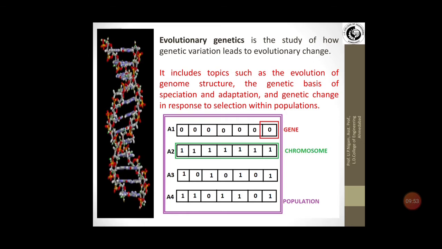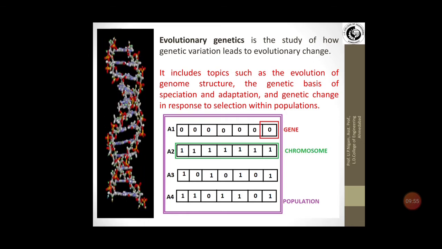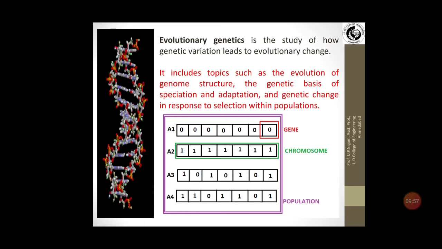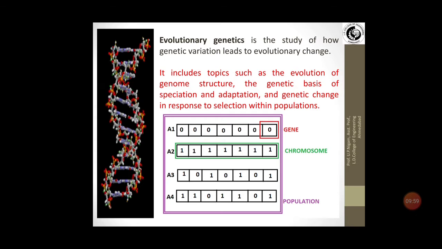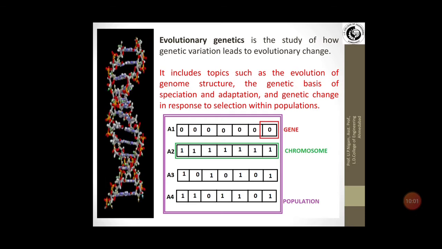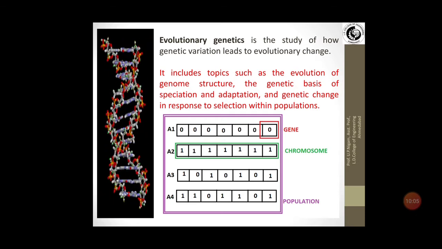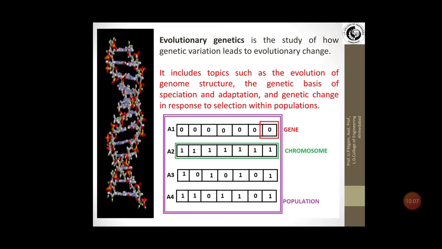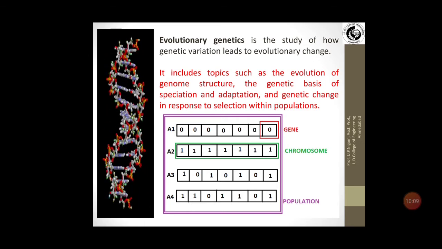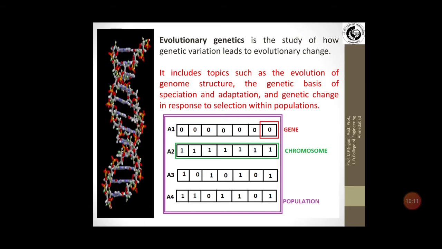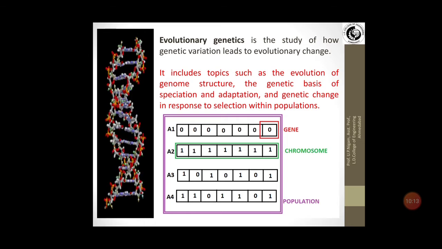And evolution means the process of emerging of a particular species. Evolutionary genetics, combined, is the study of how genetic variation leads to evolutionary changes. Means the thing which is evolving, which comes after the first trial, then the second trial, then the third trial, then the fourth trial has to be a good one.